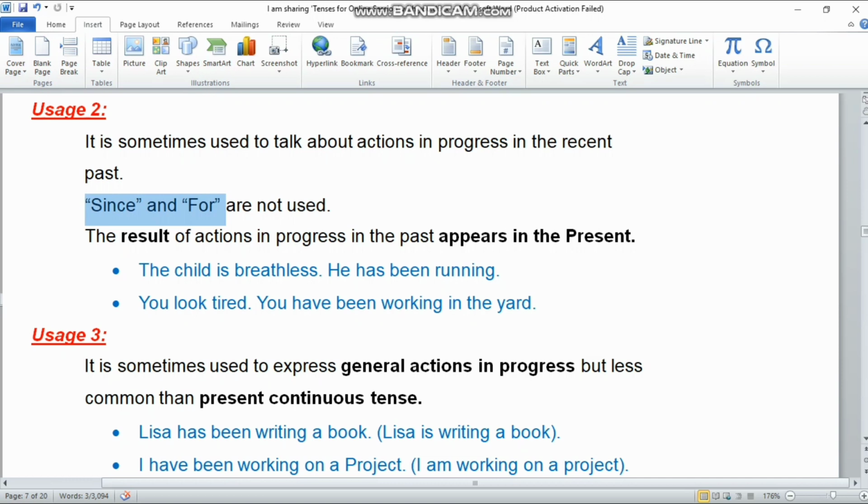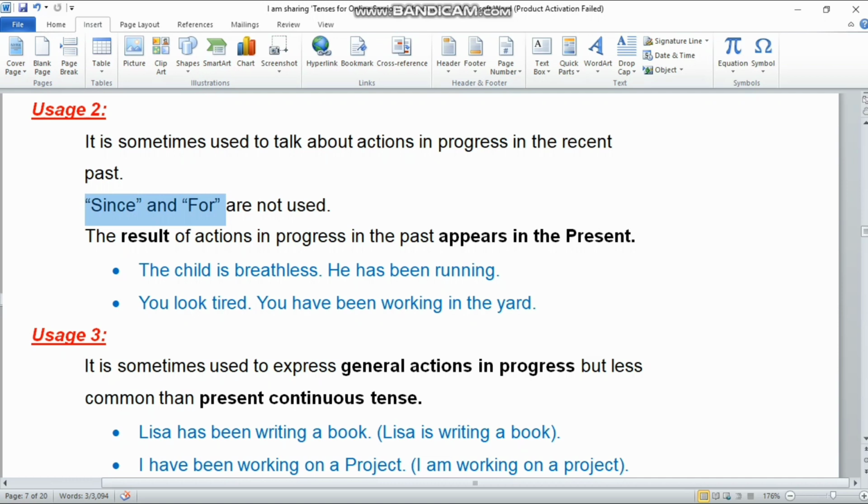For example, the child is breathless. This is the present state of the child. So we simply say, he has been running. It means he is not running now, but he seems to have run before the present time. So in this case, we use present perfect continuous tense, saying he has been running.